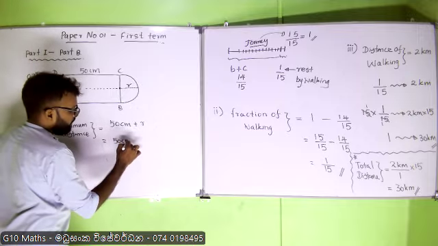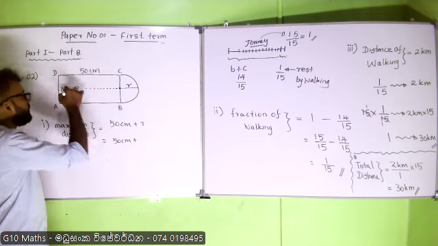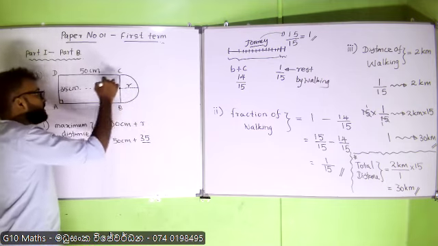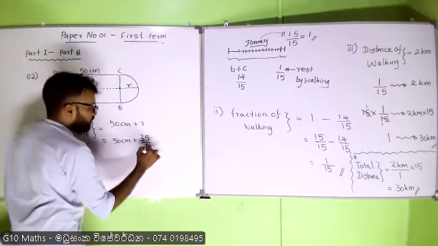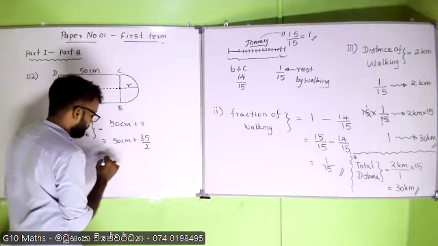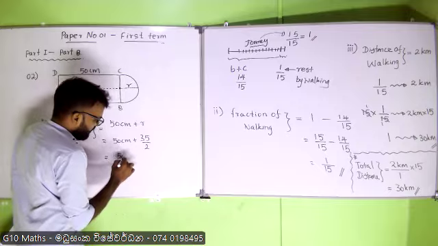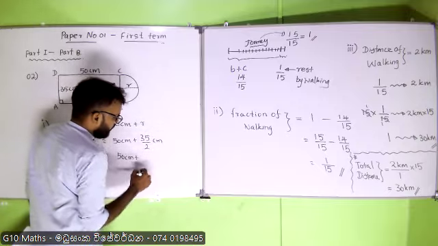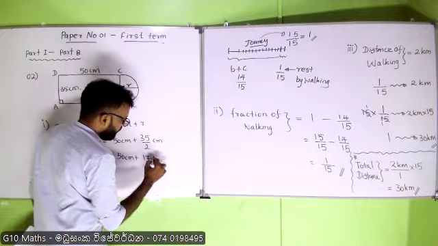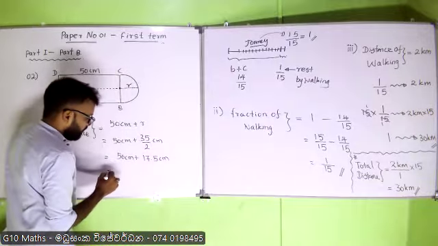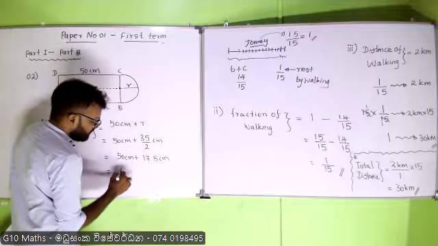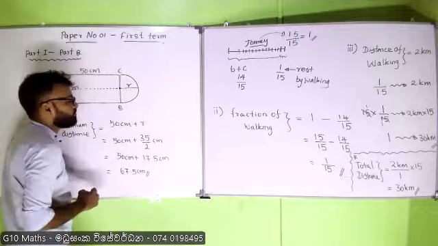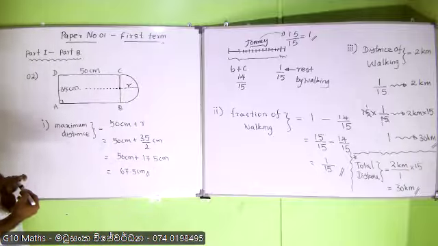You know the radius is 35 divided by 2. 35 is the diameter, diameter divided by 2, that is the radius. 50 centimeters plus 35 divided by 2 centimeters means 17.5. Yes. 50 plus this one, 67.5 centimeters. This should be your answer for the first one. Alright.